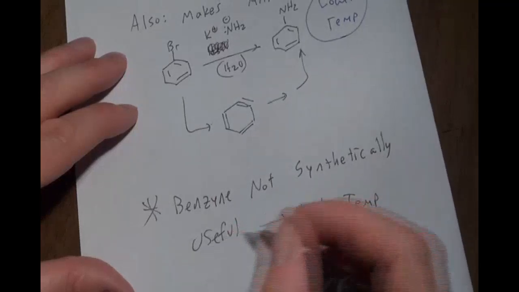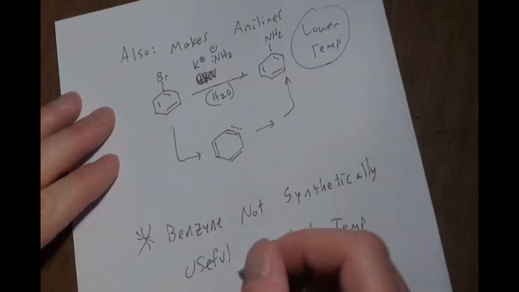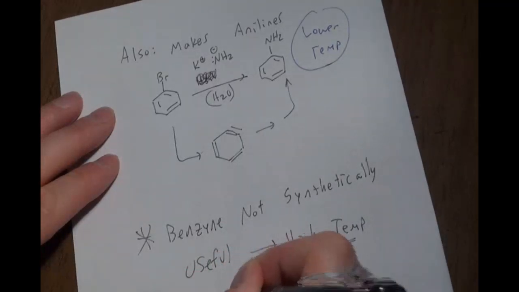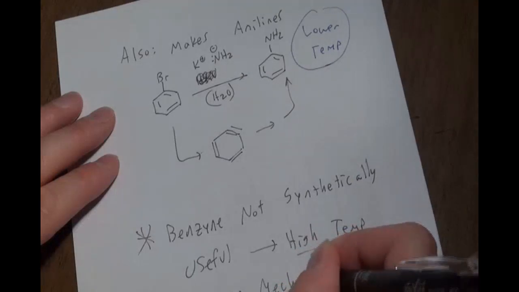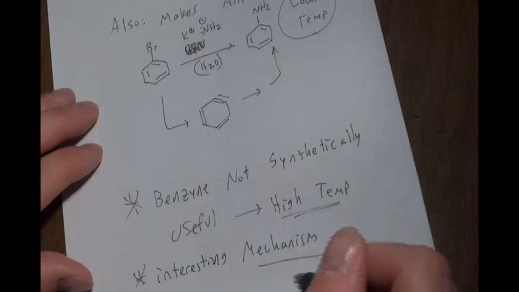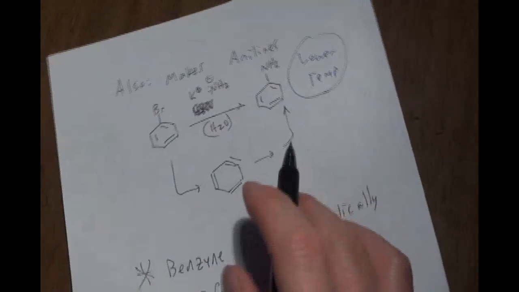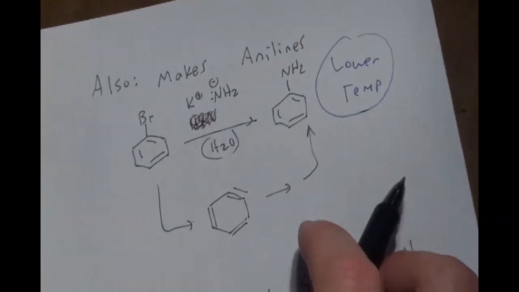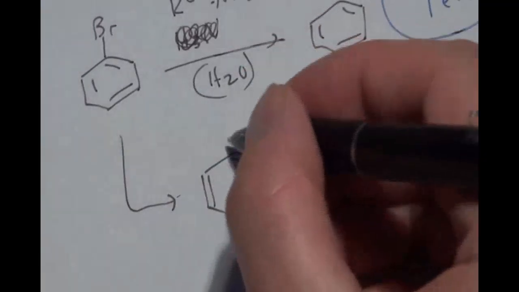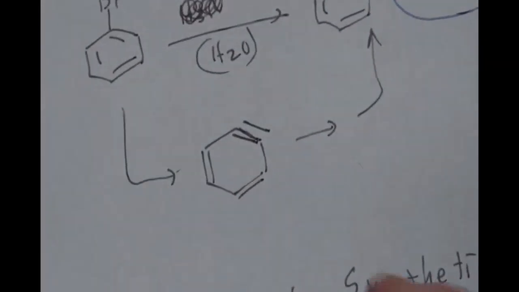So what is benzyne interesting for? It's interesting for mechanistic reasons. As organic chemists, we're interested in organic structure, and seeing this crazy weird intermediate is kind of cool. It's extremely unstable and reactive, but yeah, that's benzyne for us.